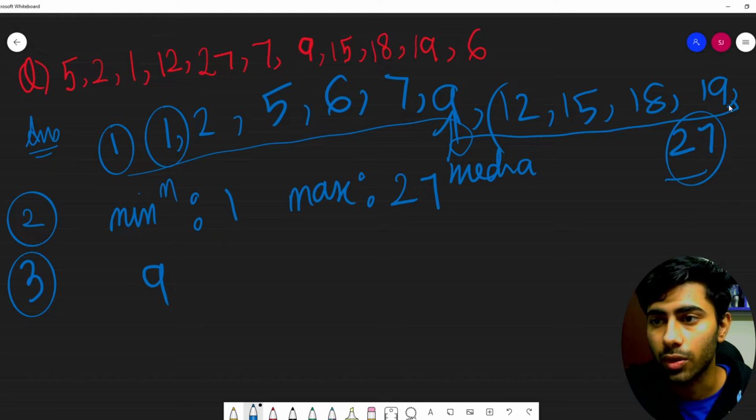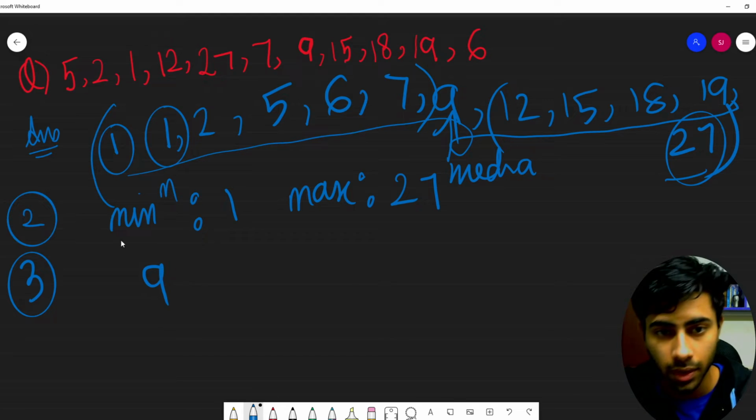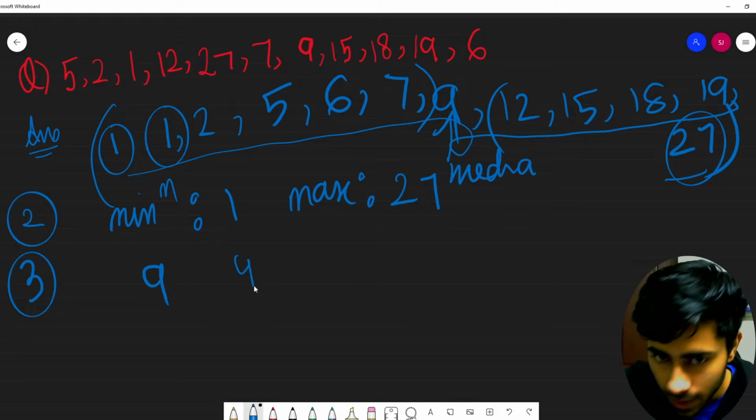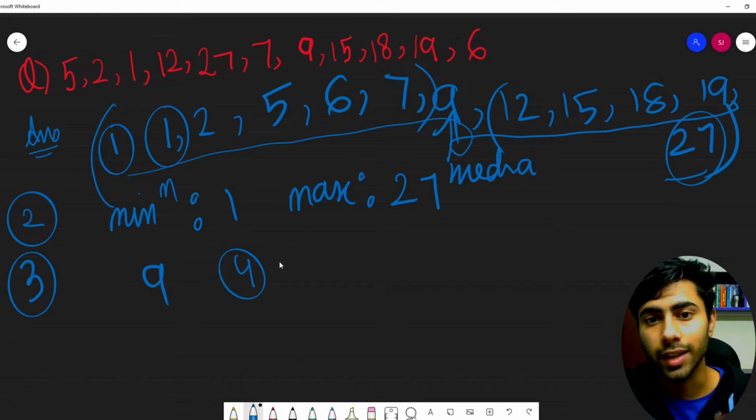If you don't know how to calculate median, then you can check out my video where I have explained the same thing. Now in the fourth step, I have to create two subgroups. The first subgroup contains all the elements which are below my median, and the second subgroup contains all the elements which are above my median.